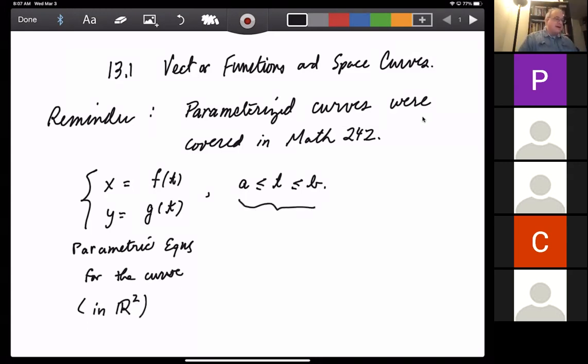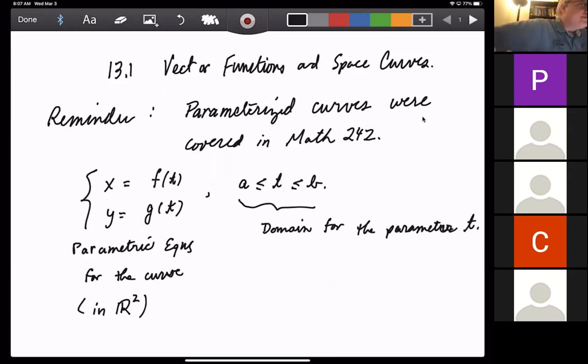Part of specifying a parameterized curve is to actually specify the domain for the parameter t. Okay. And you can generalize this to curves in three-dimensional space R3. You just would need to append z equals some function h of t.